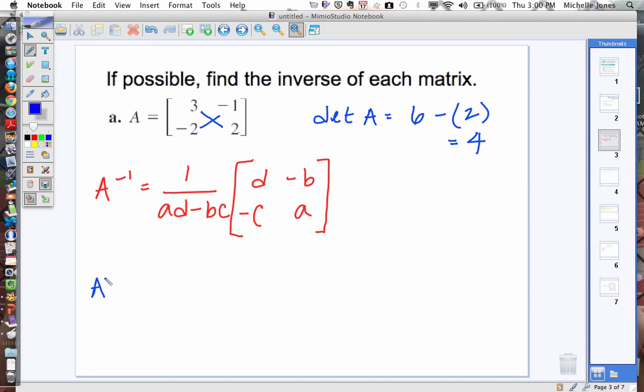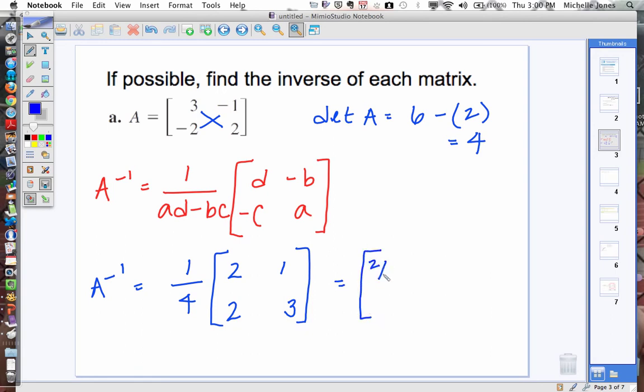So for our inverse of A, we're going to have 1 over that determinant 4 times our switched up matrix. So this was position A, so the 3 goes in the bottom. Here is D, so that's going to go in the top corner. And then a negative negative 1 becomes positive, and a negative negative 2 becomes positive. So for our inverse, we're going to treat 1/4 as a scalar and do scalar multiplication.